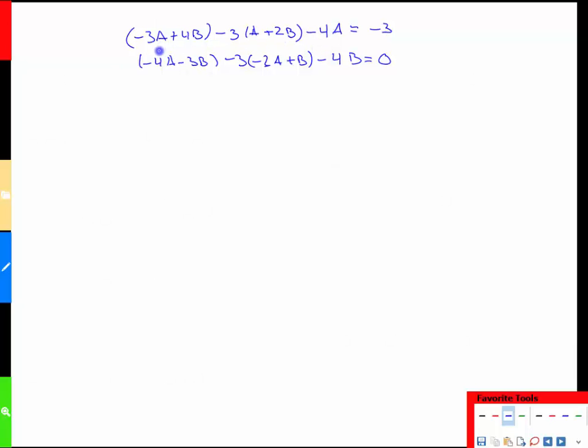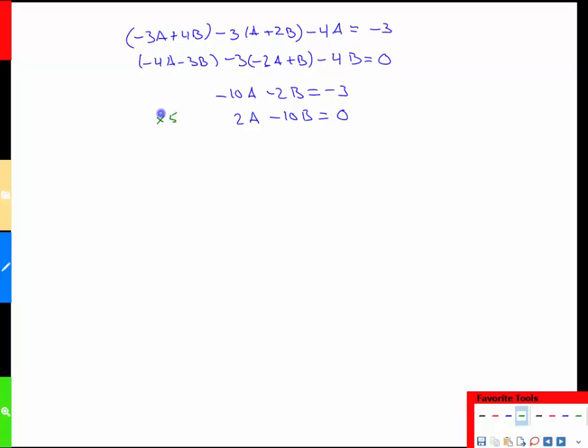Gathering our a and b values, we have minus 3a, minus 3a, minus 4a. That's minus 10a overall. And plus 4 minus 6 is minus 2b's. In the second equation, we have minus 4 plus 6 a's, which is plus 2 a's, and we have minus 3 minus 3 minus 4, minus 10 b's. That all adds up to 0.